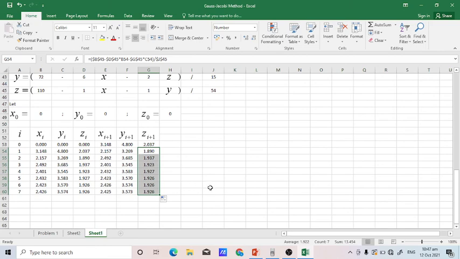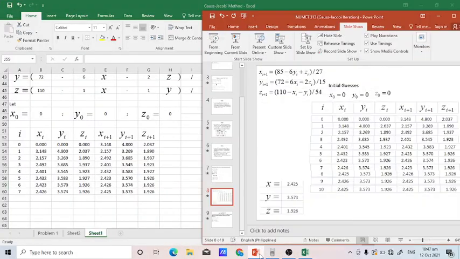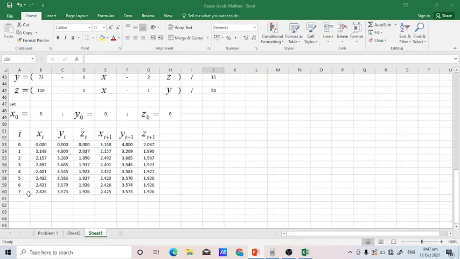There. Let's check. The seventh one, 2.426, right? Then 3.574, this one. 1.926, so this one. 2.425, this one. 3.573, this one. 1.926, right? So let's continue until 10. Let's see. So, let's drag down.